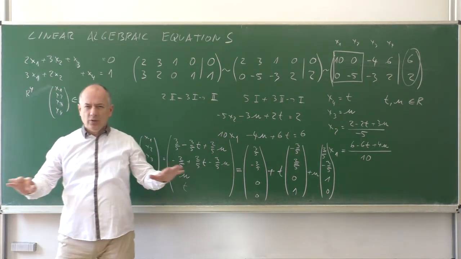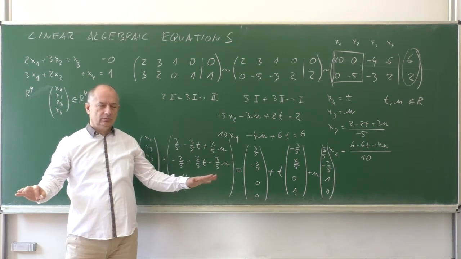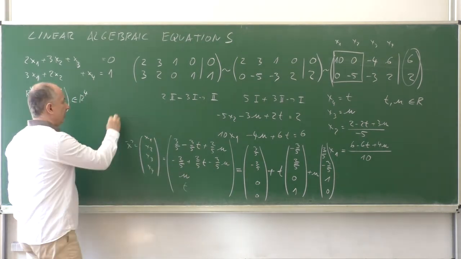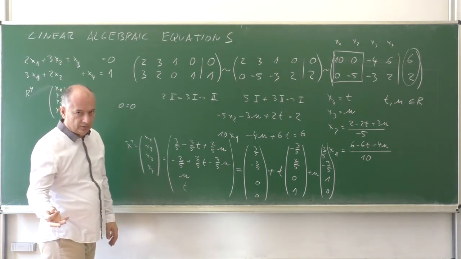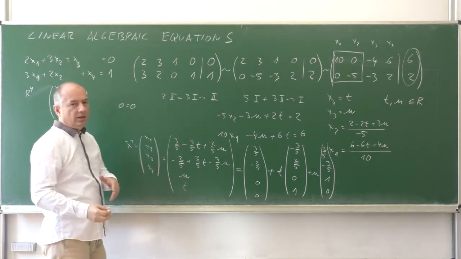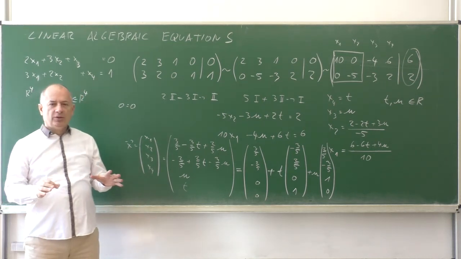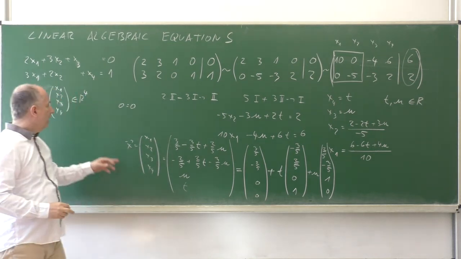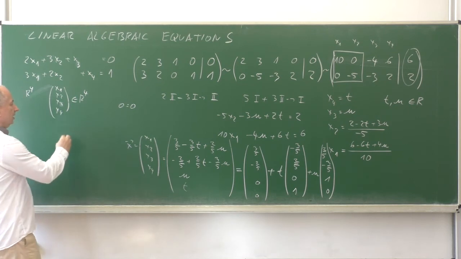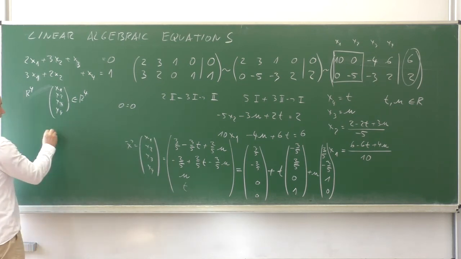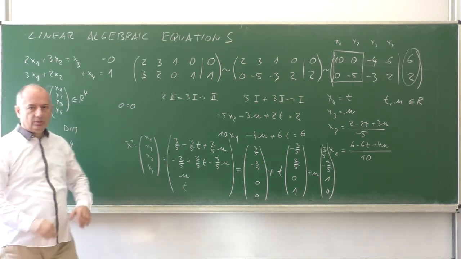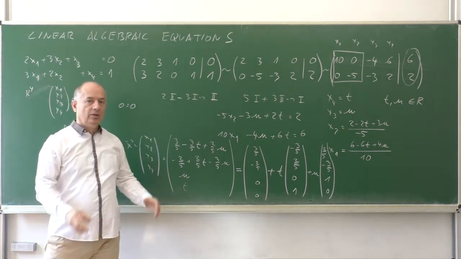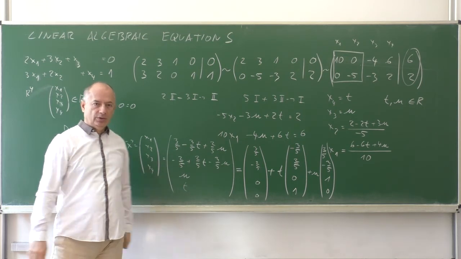If we have no equation at all, or if we have equations in the form 0 is 0, which is equivalent to having no equation, because this represents no information, no restriction, no condition. If we have no equation, then the dimension of the space of the solution is 4, or in general n, the number of unknowns.